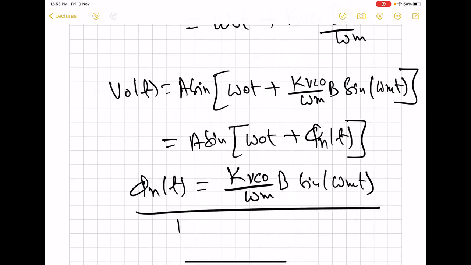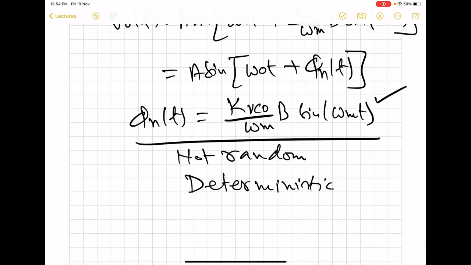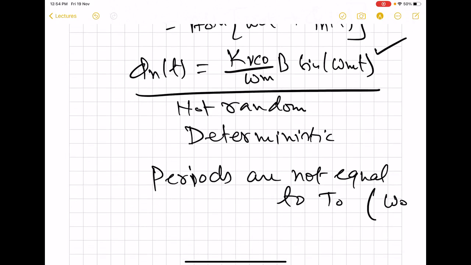So this is not random, it is deterministic. However, this will definitely give rise to non-uniformity in the period. All periods are no longer going to be equal to the ideal period of T naught, which we would have got for omega naught frequency.